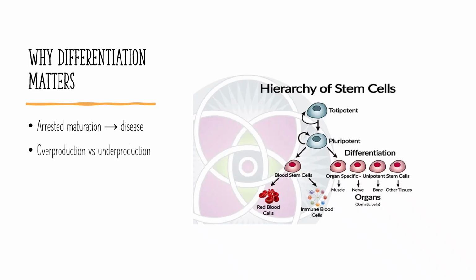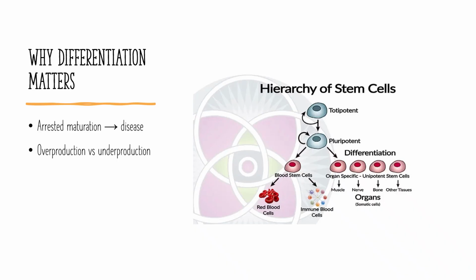From a histotechnology perspective, this reinforces why recognizing normal maturation patterns is essential. You cannot identify abnormal unless you understand baseline development. When you prepare marrow sections or aspirate smears, you are preserving a developmental snapshot. Pathologists interpret disease by comparing what they see against expected maturation sequences.